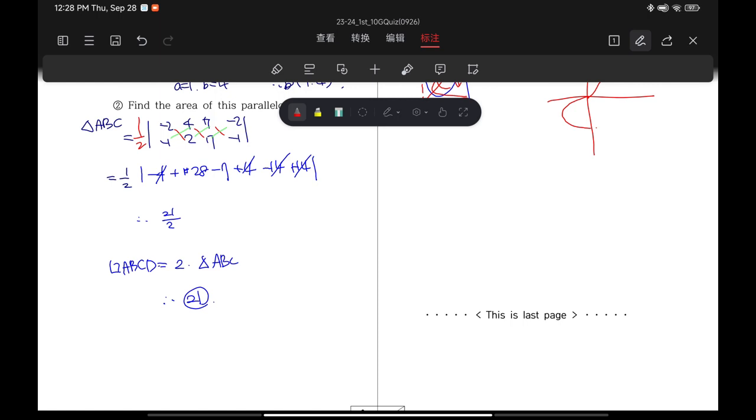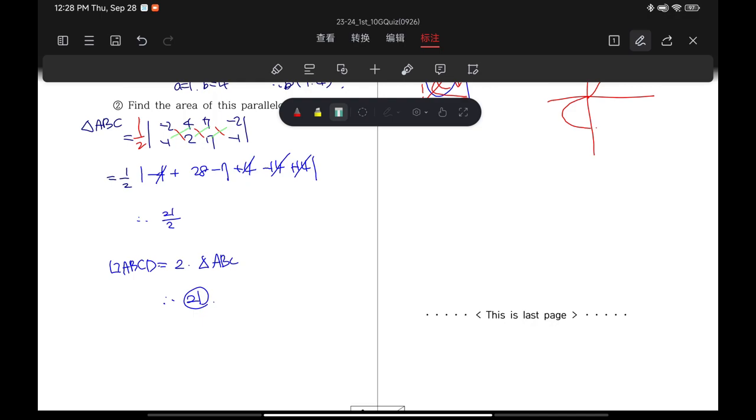So minus the sum of the green line numbers. So -4 plus 28 minus 7 plus 4 minus 14 and plus 14. So the answer is 21 over 2.